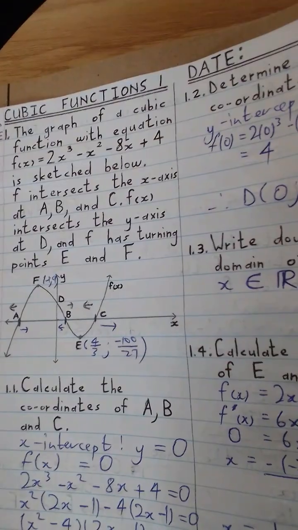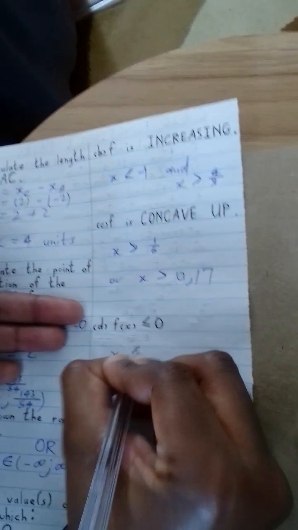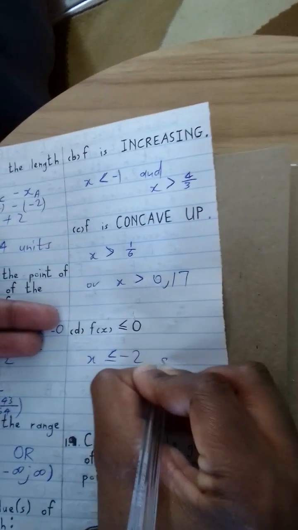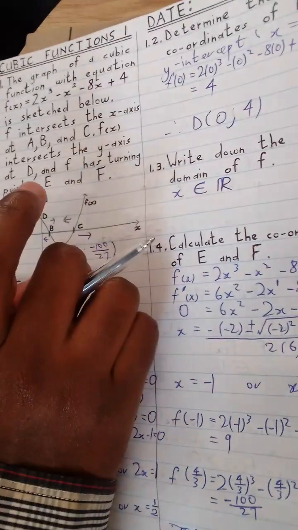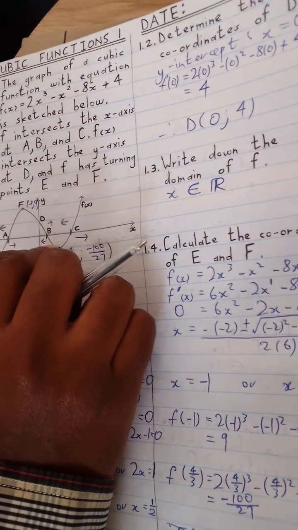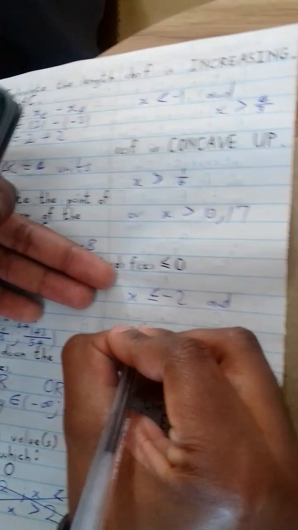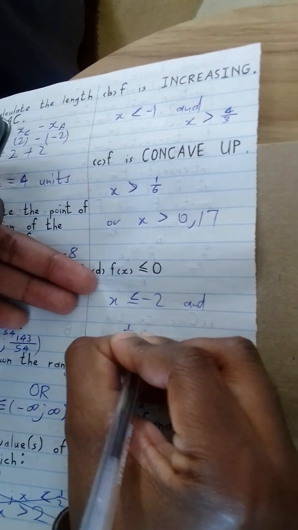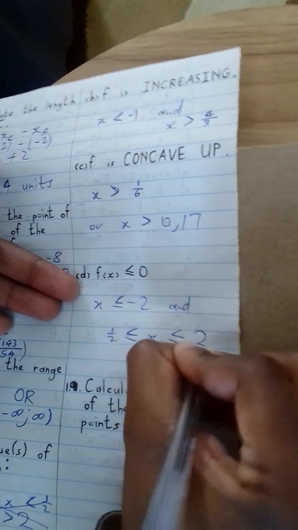So x is less than or equal to negative 2. And now this one, because they approach each other, it's going to be combined. X is greater than half and x is less than 2. So it's going to be half less than or equal to x less than or equal to 2.